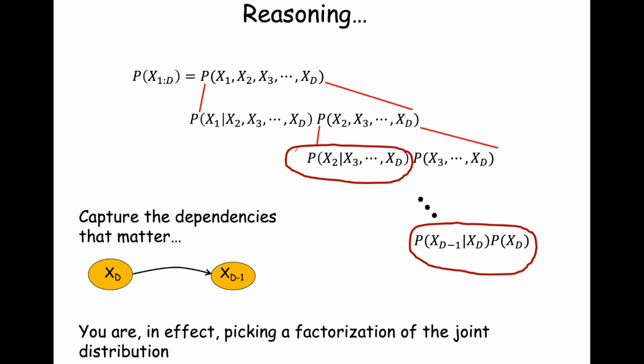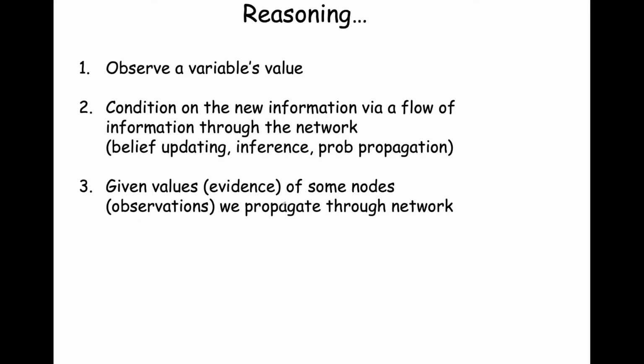So when we draw the dependency graph, we're saying, okay, I'm going to choose certain factors that I can multiply together, and everything else that I don't choose, I'm just going to consider as being independent. So when you create this dependence graph describing the Bayesian network, you're picking a factorization of this joint distribution.